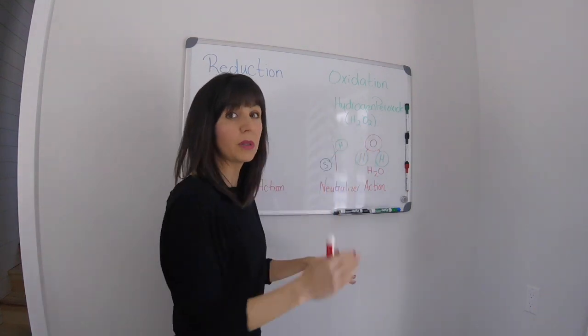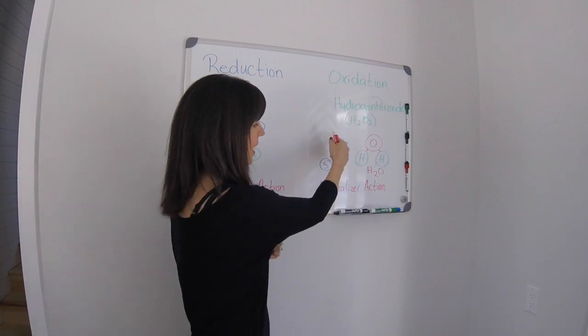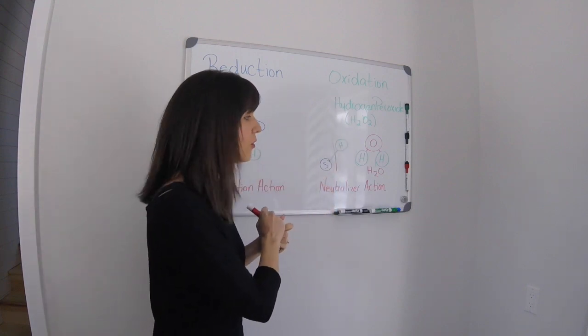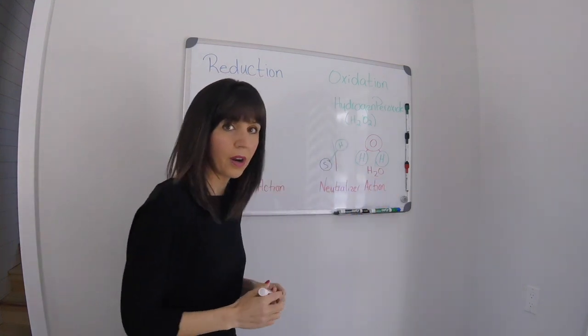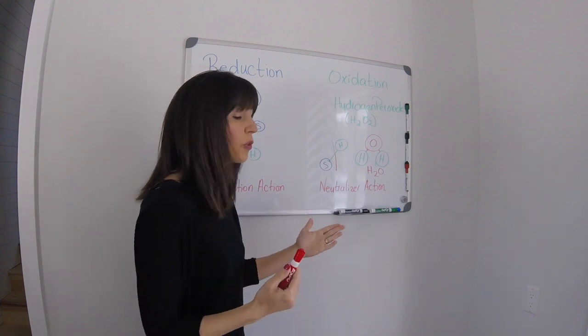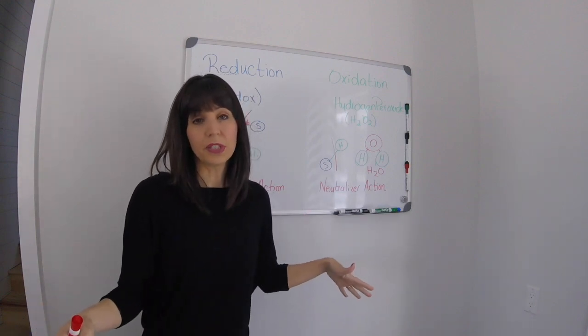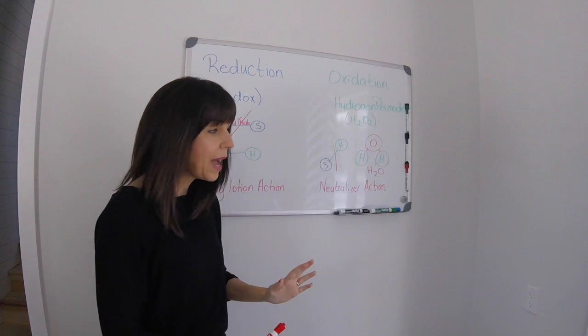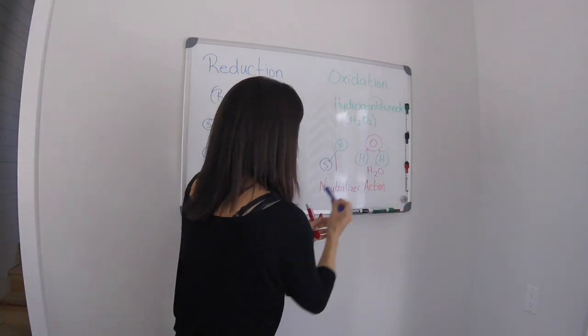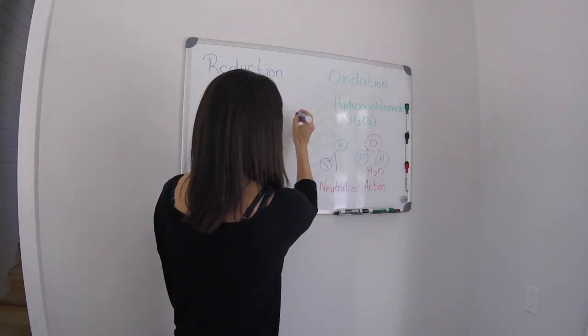Hydrogen now really wants to be with the oxygen. It separates from the sulfur and joins up with our hydrogen, creating water, which then gets rinsed out from the hair. When this happens, the sulfur atoms find each other again.